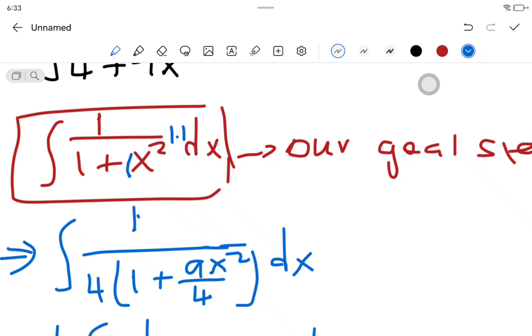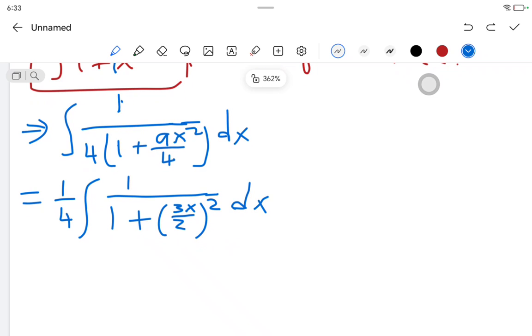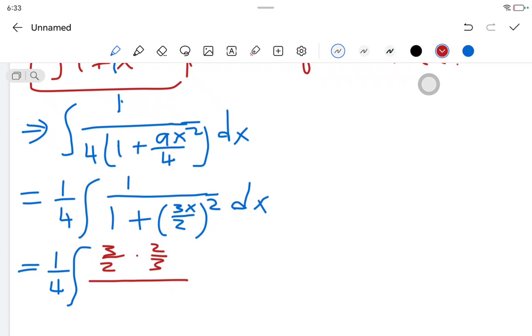You see, right? So this is the trick that you're going to be using always to avoid your substitution. As long as this angle here is not 1, we're going to come here and say this is 1 over 4 times the integral of, and we're going to multiply by this. First we initially multiply by 3 over 2, 3 over 2 times 2 over 3. It's like I'm changing this 1 to this.